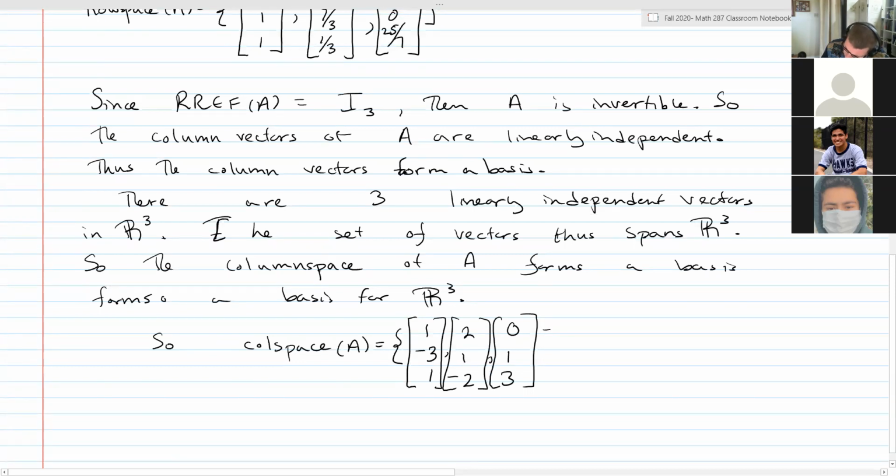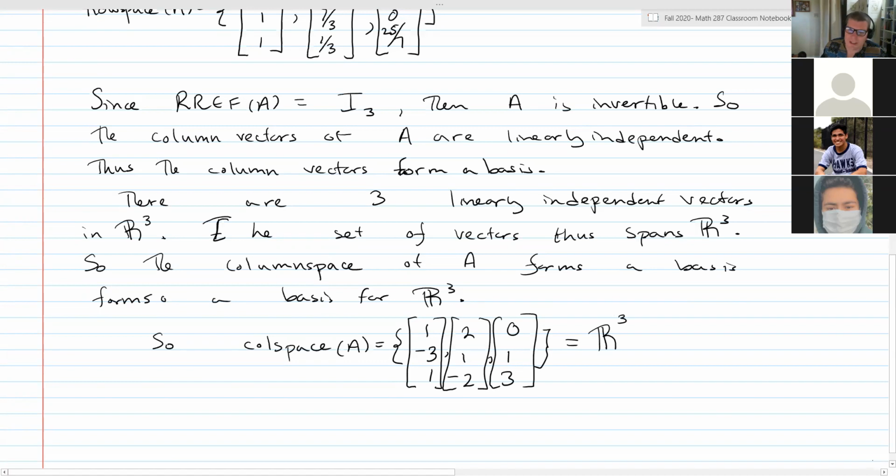It's those 3 vectors. And those 3 vectors, because they are a basis and there are 3 of them, they're going to be R3. They are, in fact, all of R3. 3 linearly independent vectors in R3 gives you R3.